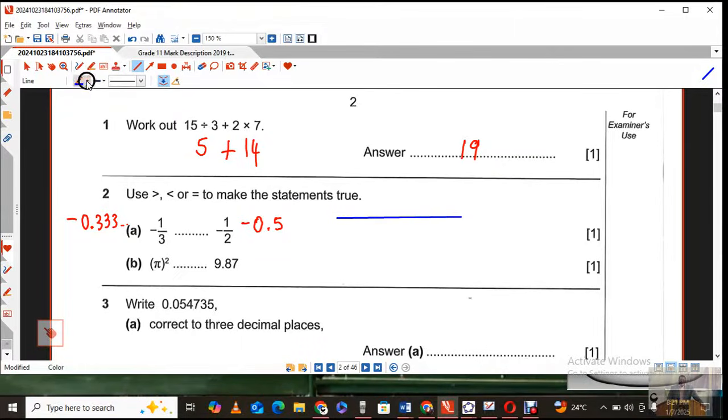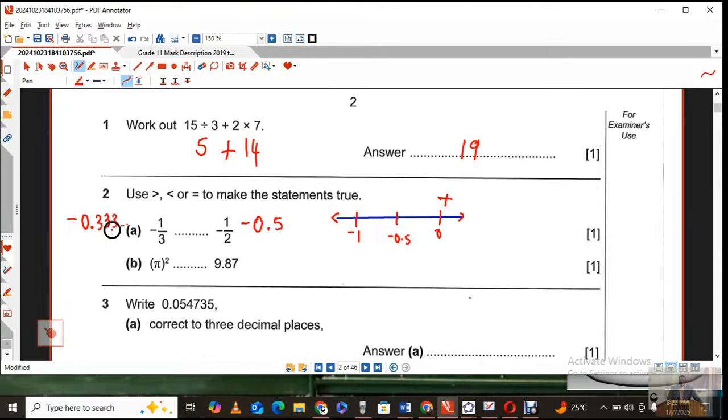So if we have, let's say, 0 over here, and let's say negative 1 is all the way somewhere here, and this will be halfway, so this will be negative 0.5. So the closer the number is to 0, or as the number is going to the right side, the bigger the number is.